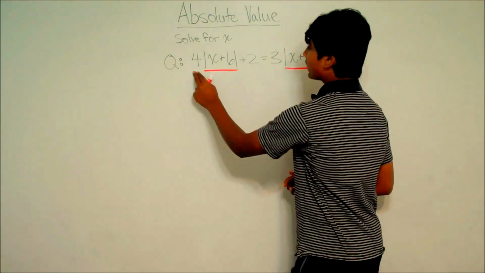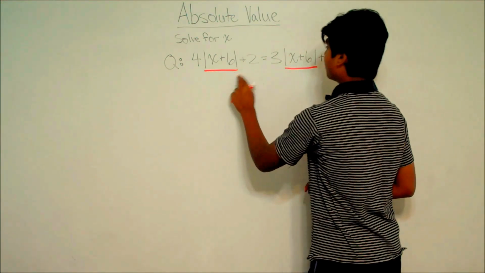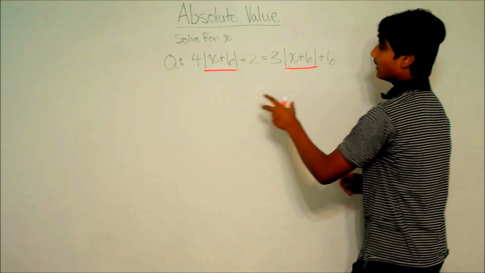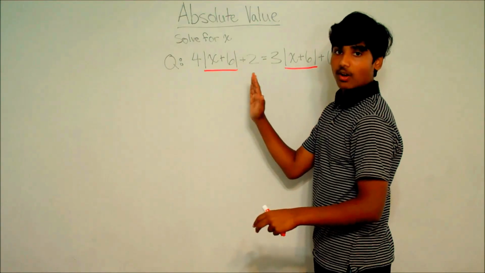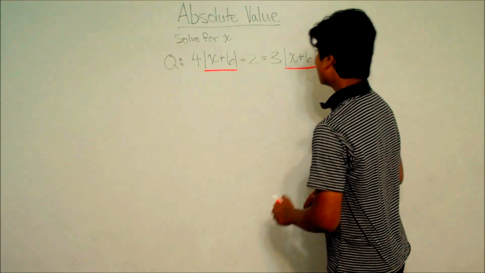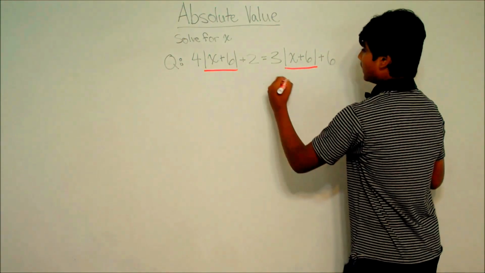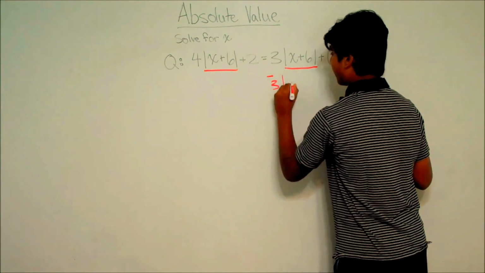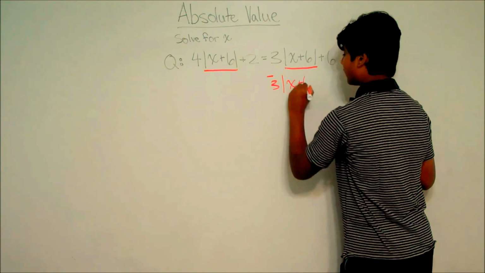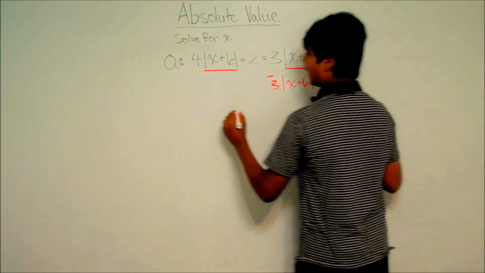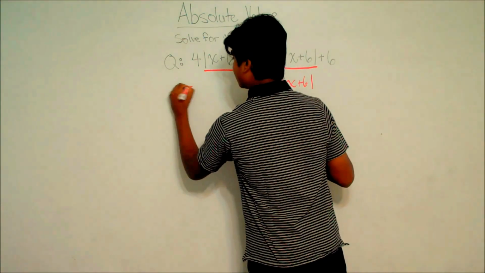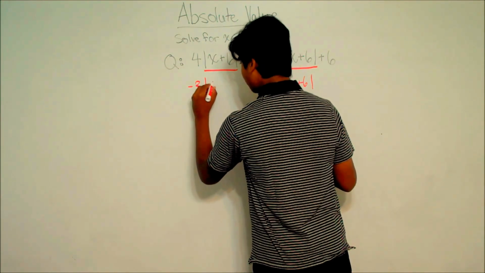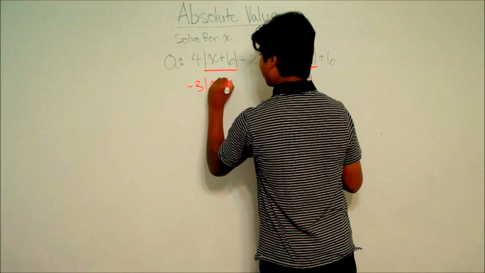So we have 4 times the absolute value of x plus 6 and 3 times the absolute value of x plus 6. Now let's say we put all the absolute values on this side. So we subtract 3 times the absolute value of x plus 6, and we subtract it here also, 3 times the absolute value of x plus 6.